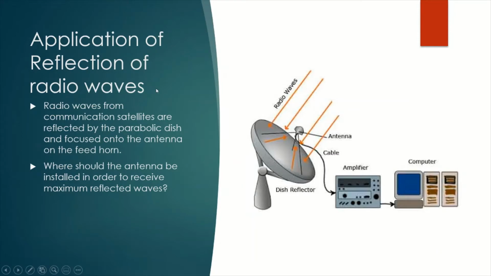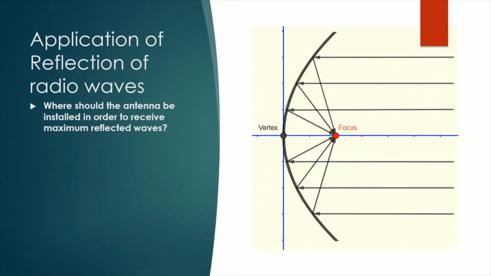Now, radio waves in the telecommunication satellites are reflected by parabolic dish so that it is focused onto the antenna. So where should the antenna be placed so that the antenna receives maximum reflected wave? Okay, let's look at this diagram. This shows a concave reflector.